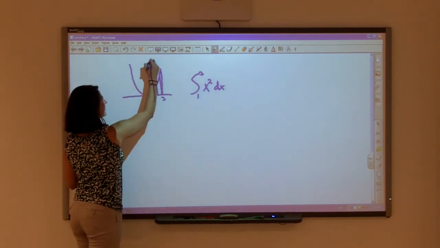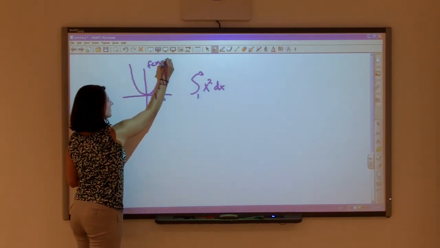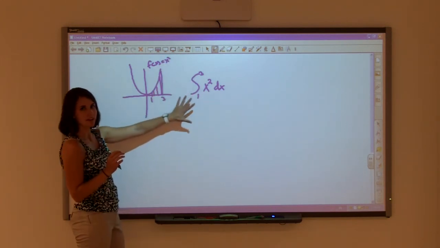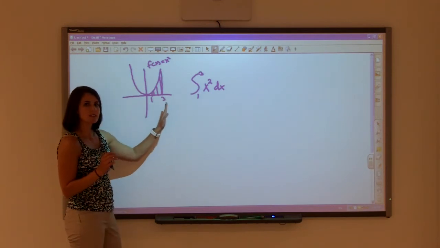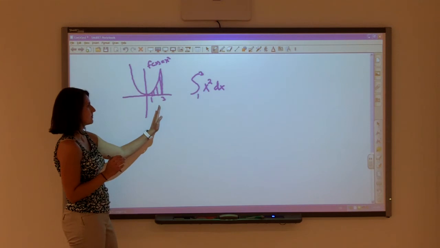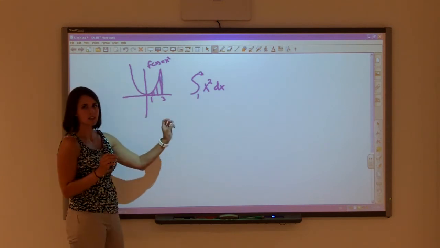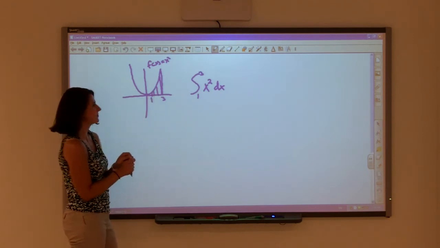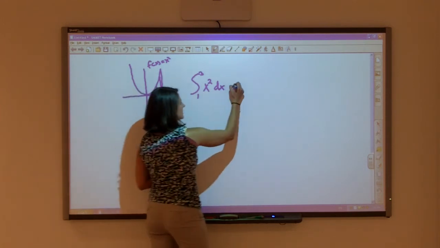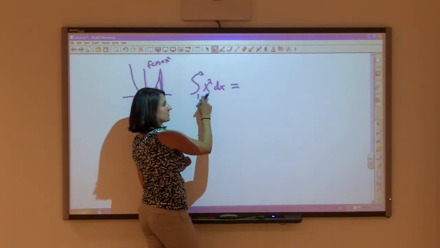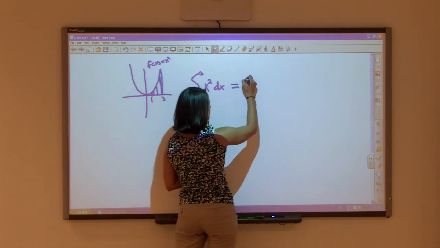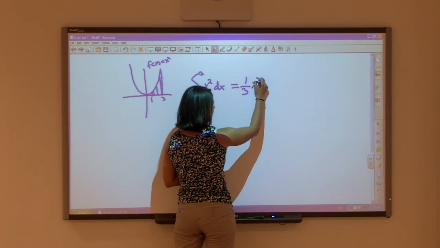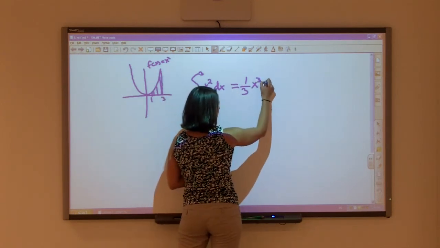Again, this is f of x equals x squared. So let's back up. This 1 and 3 are your x coordinates, the bounds of your antiderivative. So what we're actually going to end up doing is finding the area in between these two bounds. All right? So we learned this earlier. The antiderivative of x squared is 1/3 x to the third plus c.